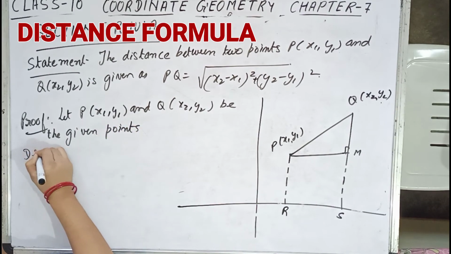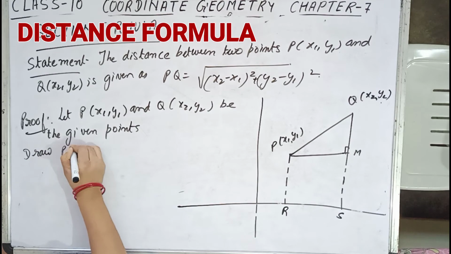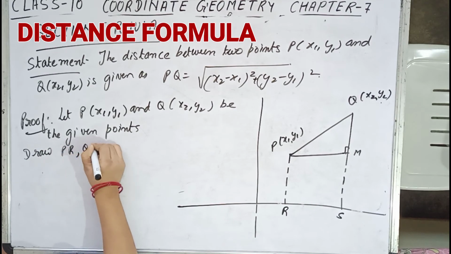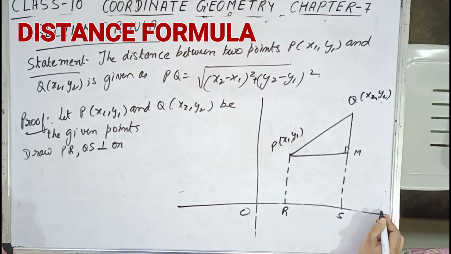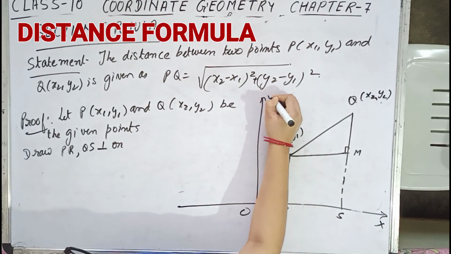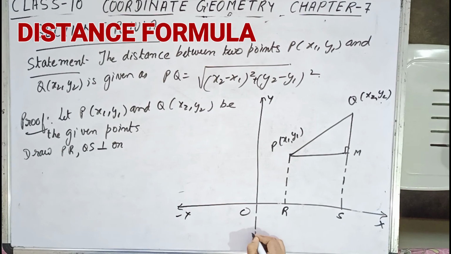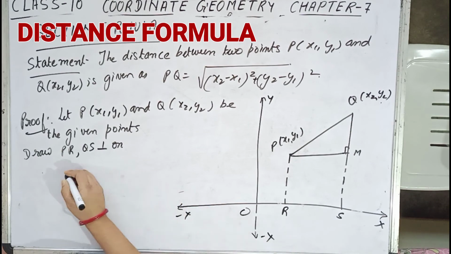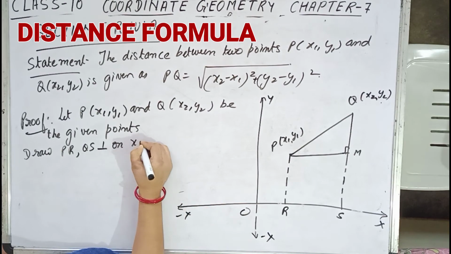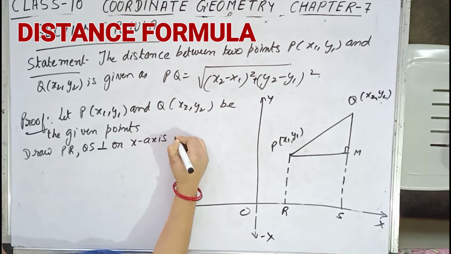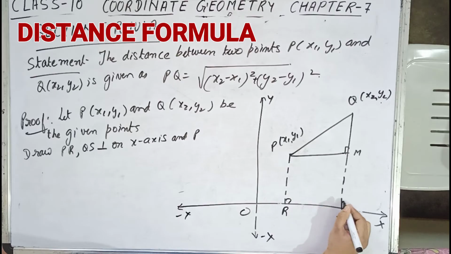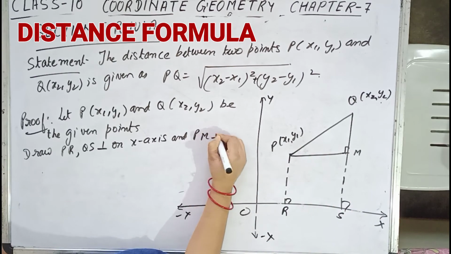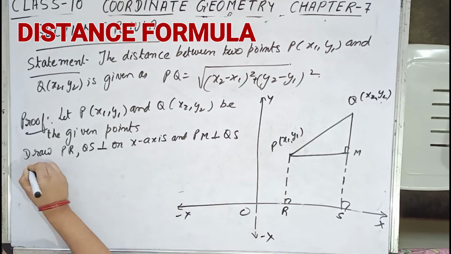Draw PR and QS perpendicular on the x-axis. Properly you draw, children, the x-axis, y-axis and all. QS perpendicular on x-axis, and PM perpendicular on QS.